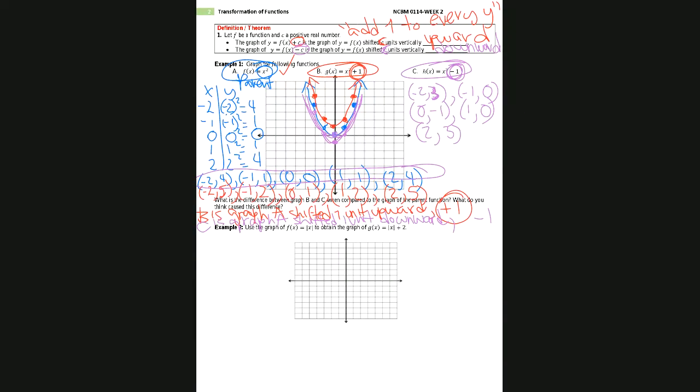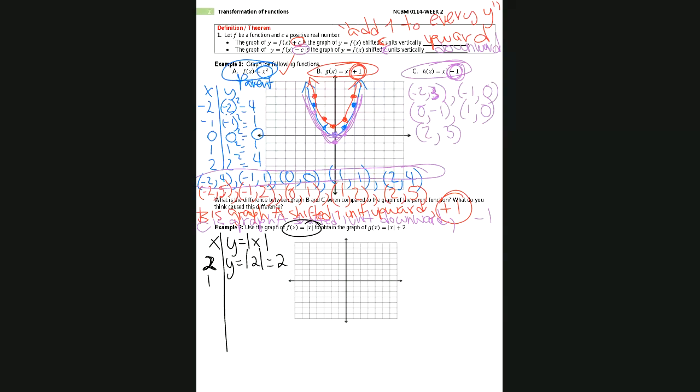Now the next graph we're going to graph is the parent function for absolute value. So with our absolute value, if we create a table, anytime that you enter a positive number for your x value, your y value will also be positive because the absolute value is always positive. It measures the distance from 0 to that number.